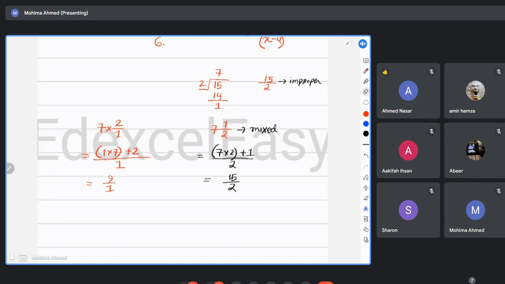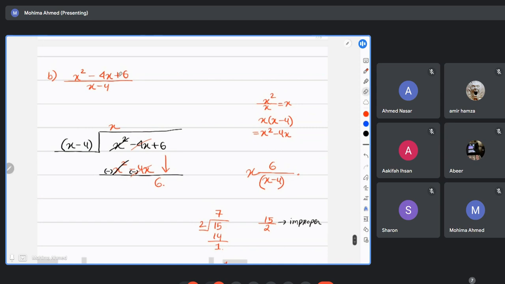Now let's go back to your polynomial. What was your polynomial? It was x squared minus 4x plus 6 divided by x minus 4, right?